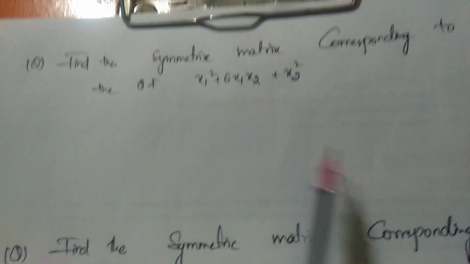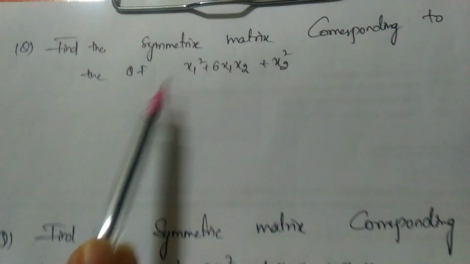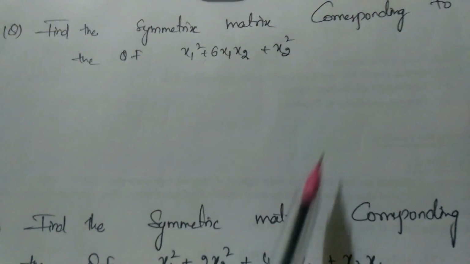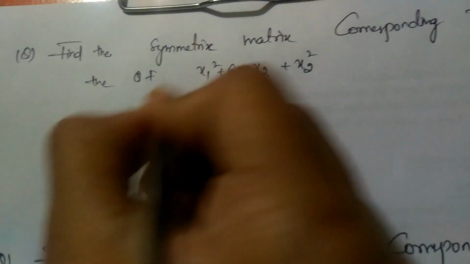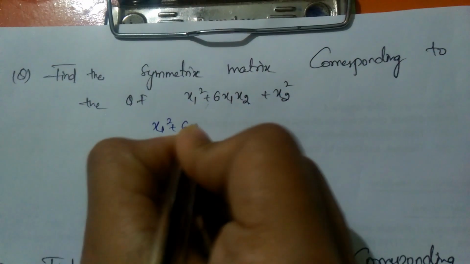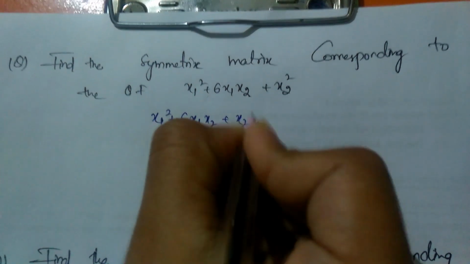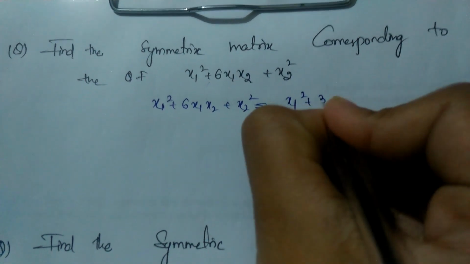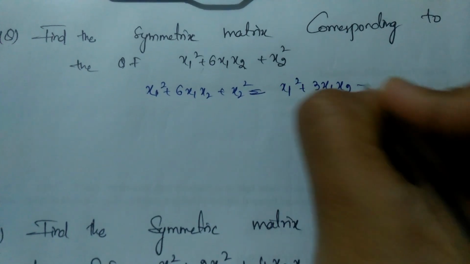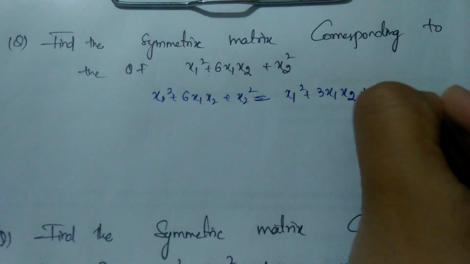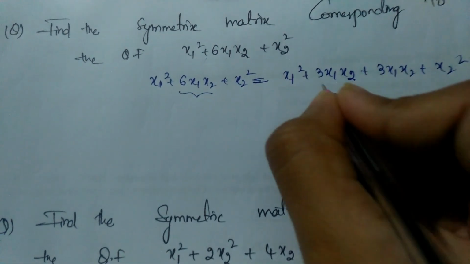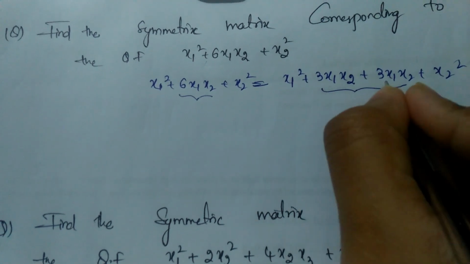Find the symmetric matrix corresponding to the quadratic form x1 square plus 6x1 x2 plus x2 square. So if we expand this, x1 square plus 6x1 x2 plus x2 square can be written as x1 square plus 3x1 x2 plus 3x1 x2 plus x2 square. It means this 6x1 x2 can be written as 3x1 x2 plus 3x1 x2.